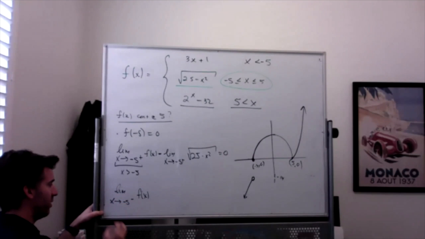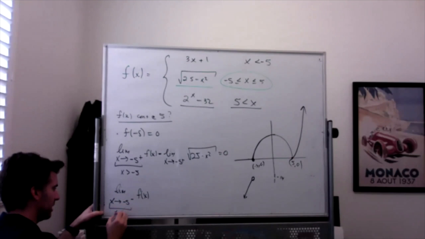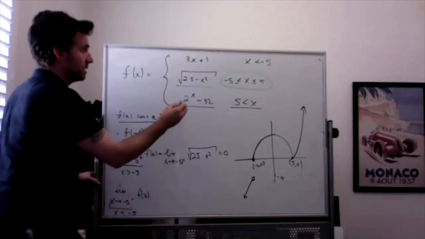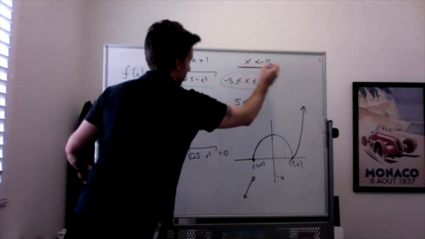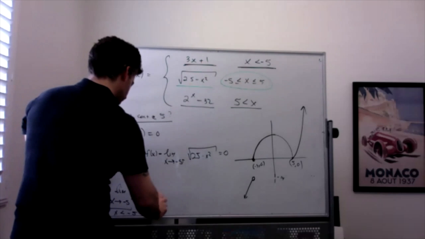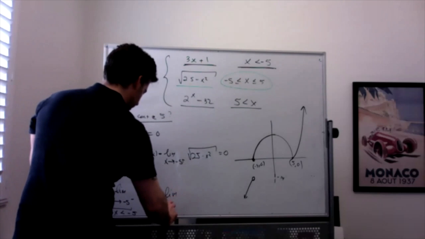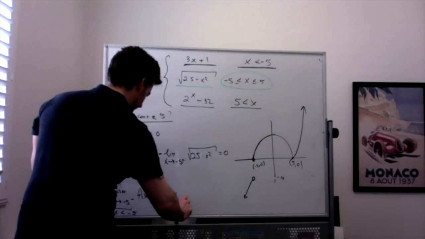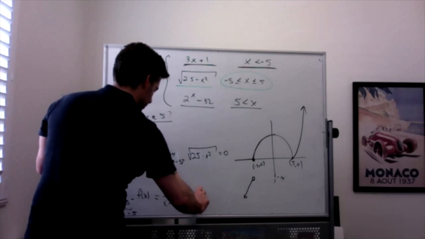So approaching -5 from the left, which again means x is less than -5, which means I am looking at this piece right here. So that's the limit as x approaches -5 from the left of 3x plus 1.